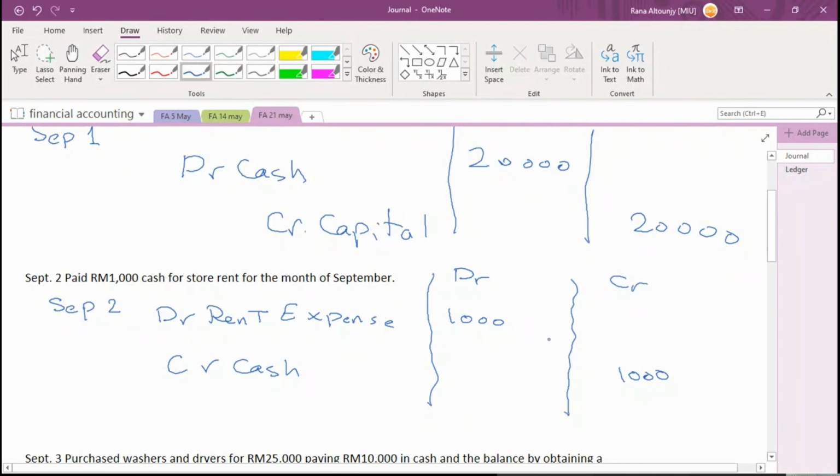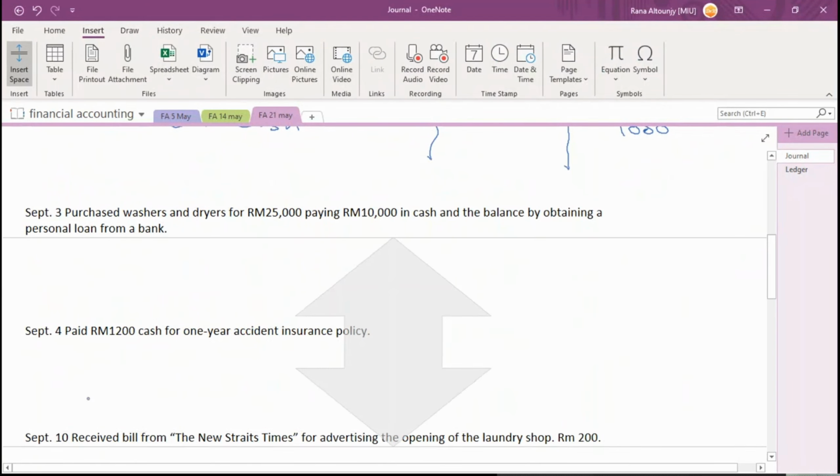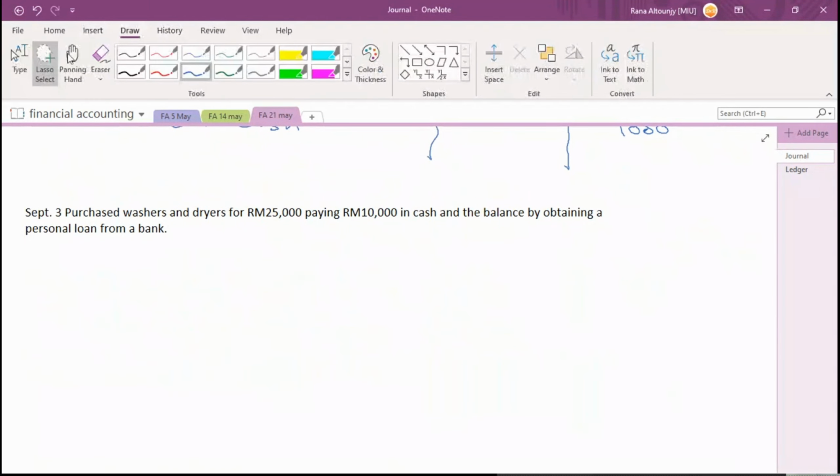So let's continue with the third example we have here. Our third example is purchased washers and dryers for 25,000 ringgit, paying 10,000 in cash and the balance by obtaining a personal loan from a bank.